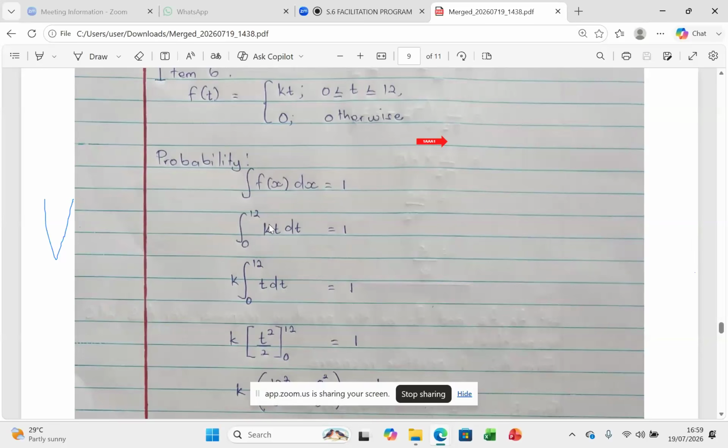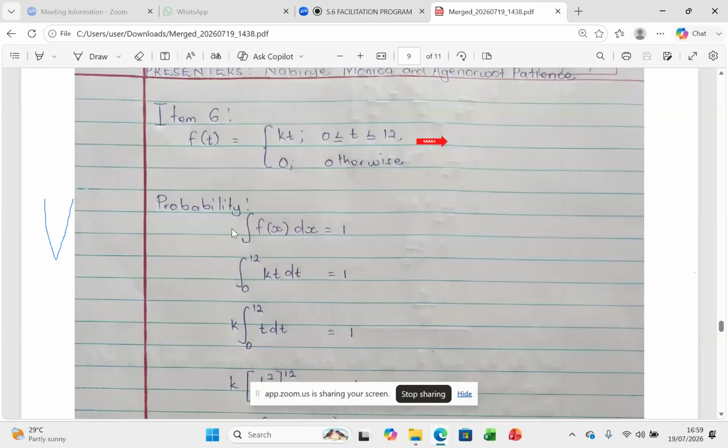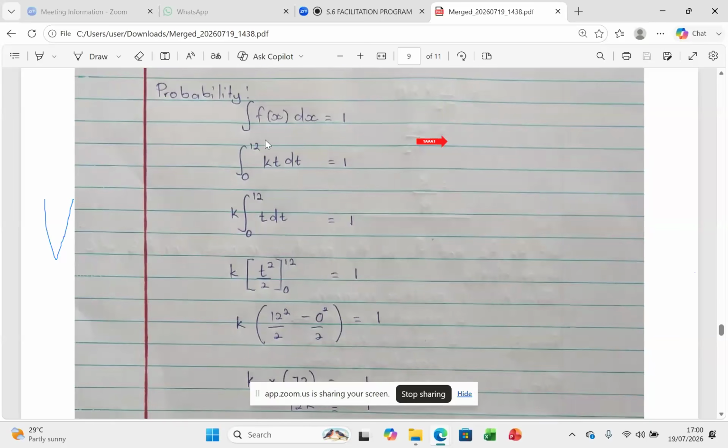So as stated in the question, it is kt. So that is what we were integrating, and k is the constant that we wanted to find. From the question, the limits were from 0 to 12. That's why we wrote the integral from 0 to 12. Then you know how to integrate, so we integrated.